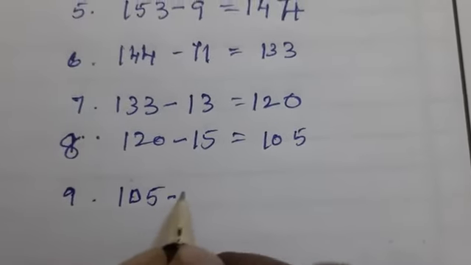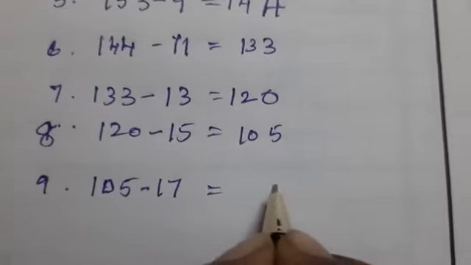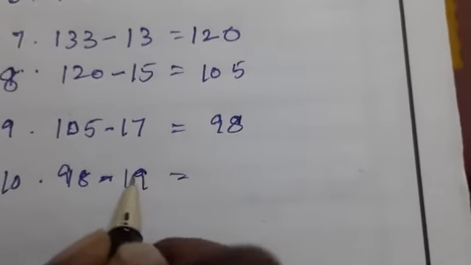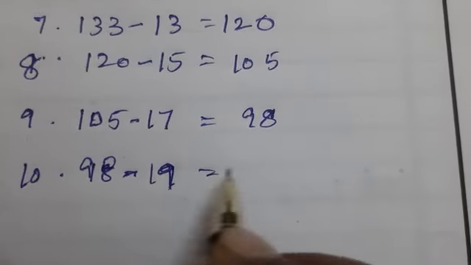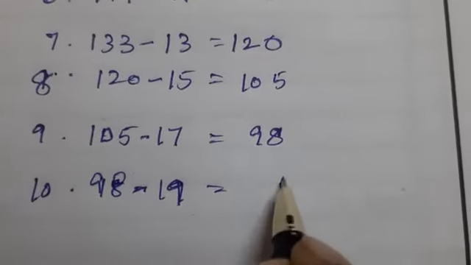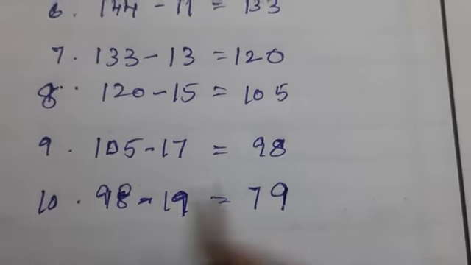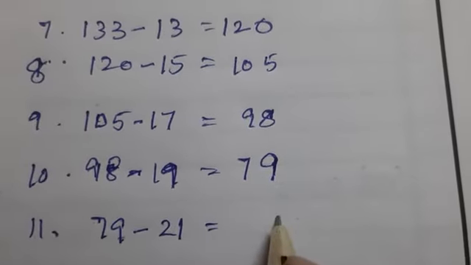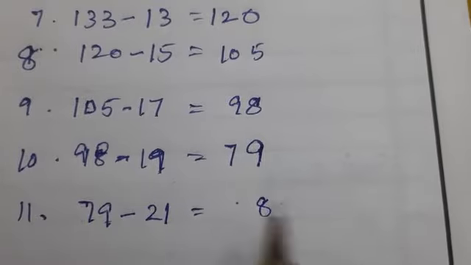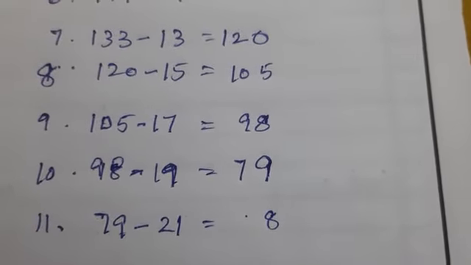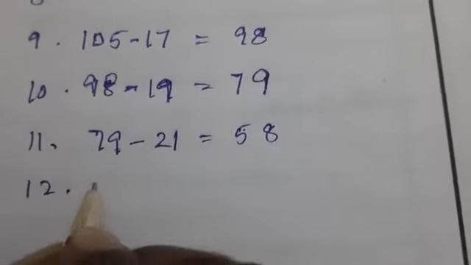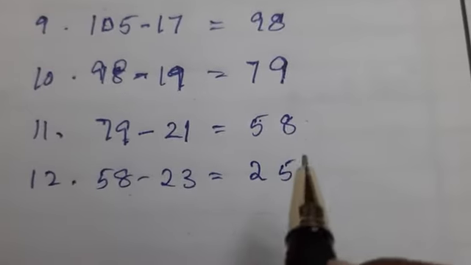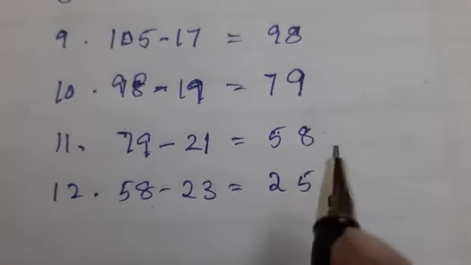Ninth, 105 minus 17, 88. Tenth, 88 minus 19, how much will you get? 69. Eleventh, 69 minus 21. Twelfth, 58 minus 23. How much?